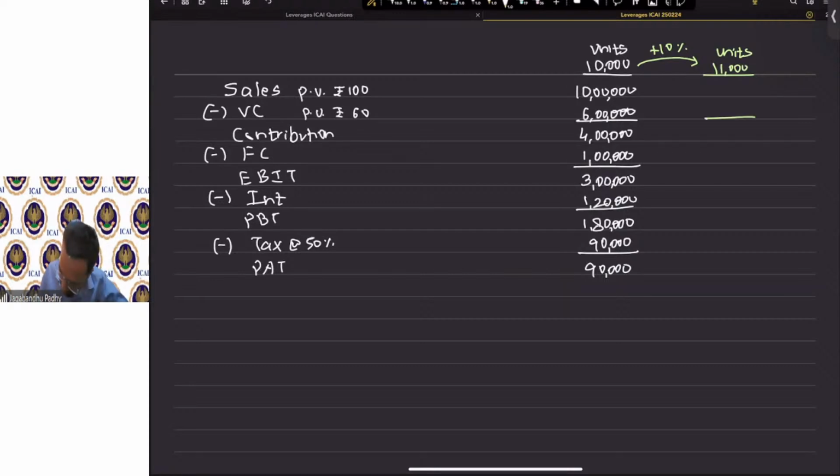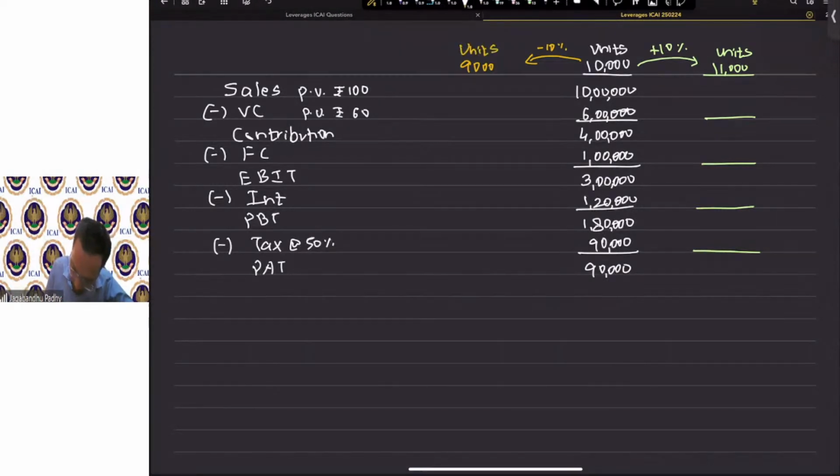You're supposed to prepare this entire income statement. Similarly, check for a reduction in the units by 10%, which will make the units 9,000. And then again, we are going to get the entire income statement.